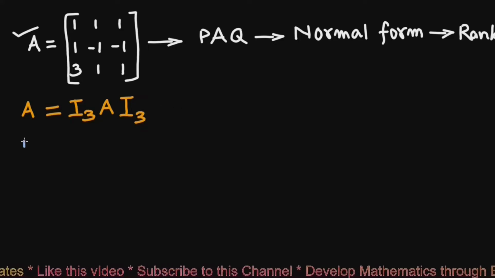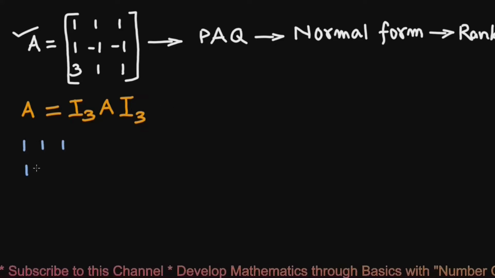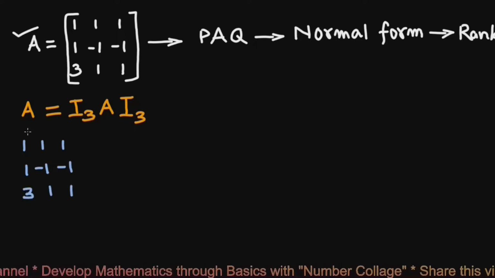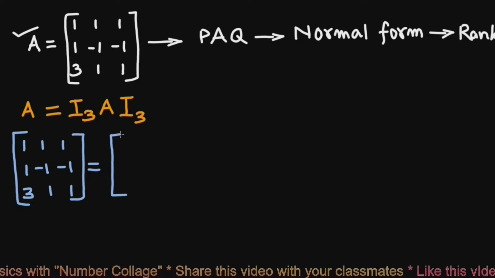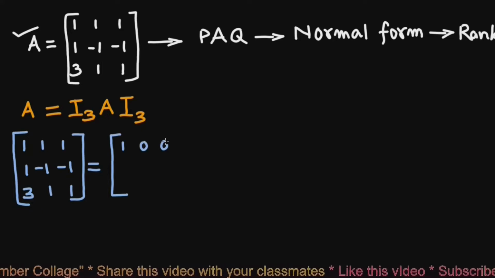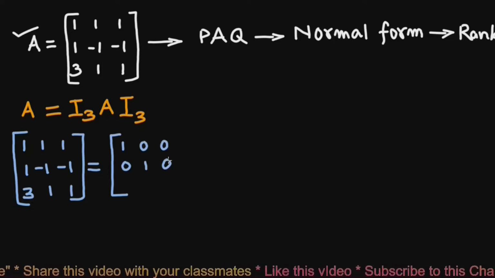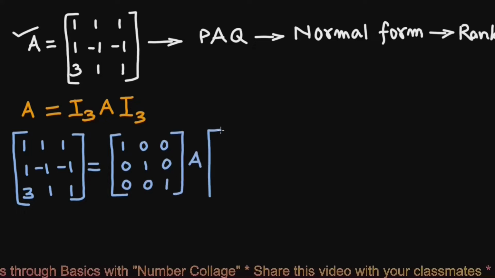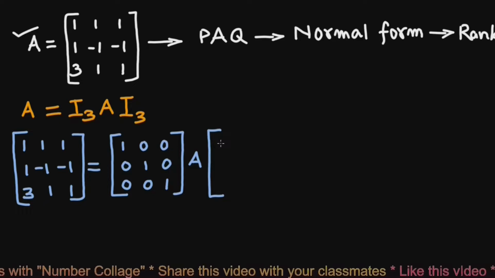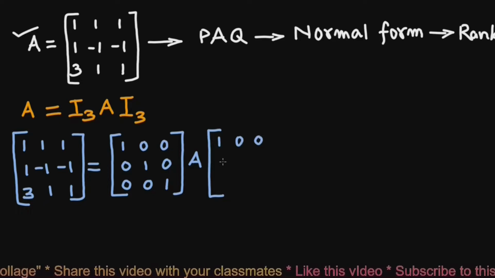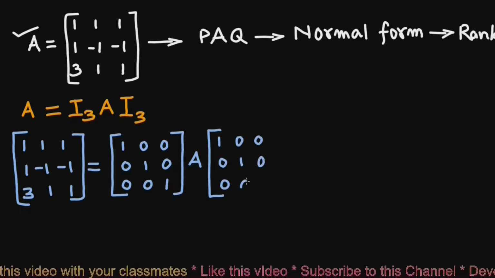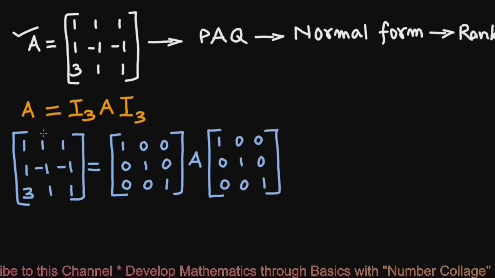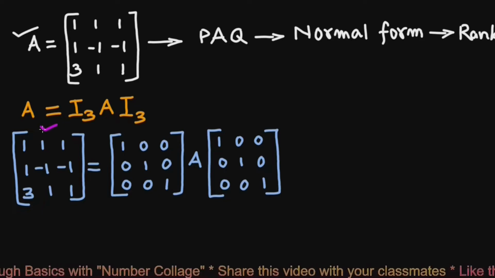We have A as [1 1 1; 1 -1 -1; 3 1 1]. Then we write the unit matrix [1 0 0; 0 1 0; 0 0 1]. Then we write A, its postfactor, another unit matrix [1 0 0; 0 1 0; 0 0 1] of order 3. Our aim is to convert this matrix into normal form.